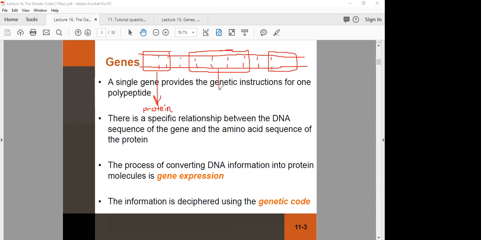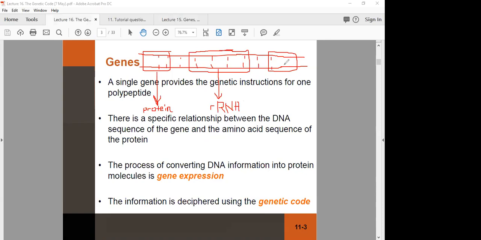This gene here might be a non-protein coding gene. It might carry the information required to produce a particular type of RNA called rRNA, ribosomal RNA. And we'll come back to what that is.